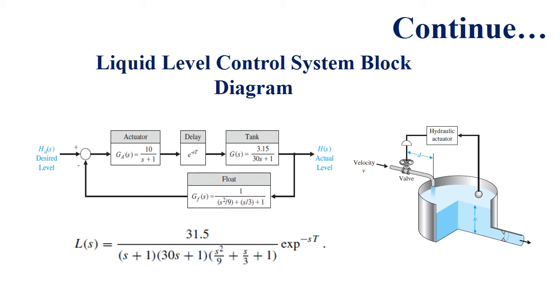So I will set the desired value and compare it with the actual level of water, and if there is a difference between the desired value and the actual value, then the difference will be sent towards the actuator block. The actuator will open or close the valve. If I want to take in water, the actuator will open the valve, and if we want to shut off the water connection, the actuator will close the connection, taking some delay for this controlling action.